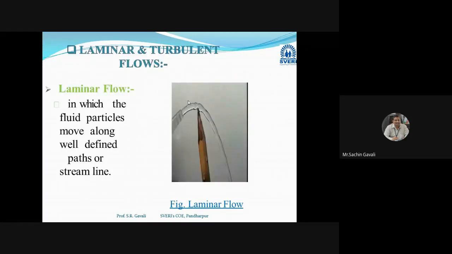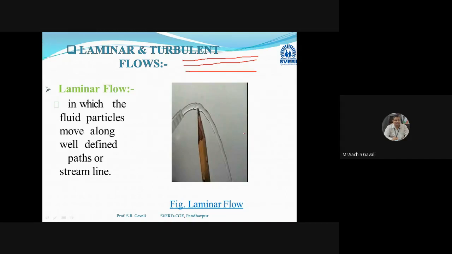Now, another type of flow is there. It is called what? Laminar flow and turbulent flow. Now, what is laminar flow? Generally, if you consider the fluid flow motion, one layer of fluid is lying over another layer. If we consider this layer, this will be another layer, and this will be a third layer of fluid flow.